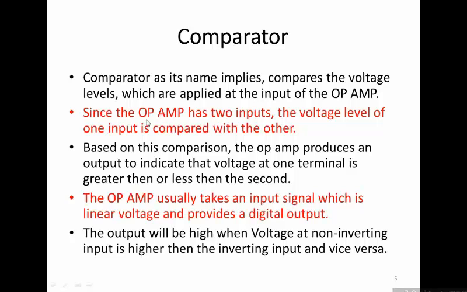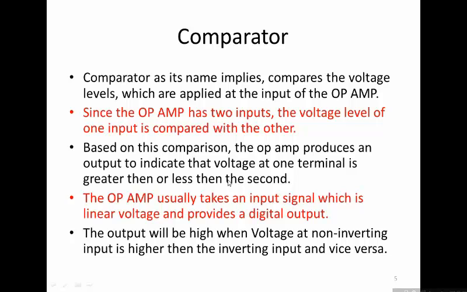Now since the op-amp has two inputs, the voltage level of one input is compared with the other. Based on this comparison, the op-amp produces an output to indicate that the voltage at one terminal is greater than or less than the second terminal.